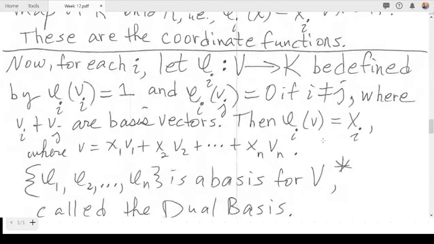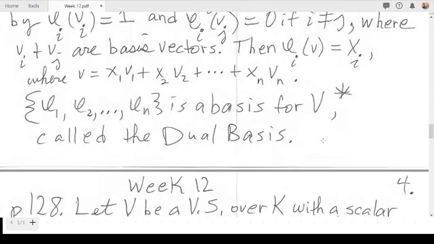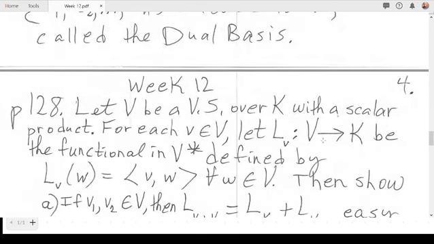So for each i, if we let phi sub i be defined by phi sub i of v sub i is 1, and phi sub i of v sub j is 0 when i is not equal to j, then the phi sub i's form a basis for V star called the dual basis of V star.